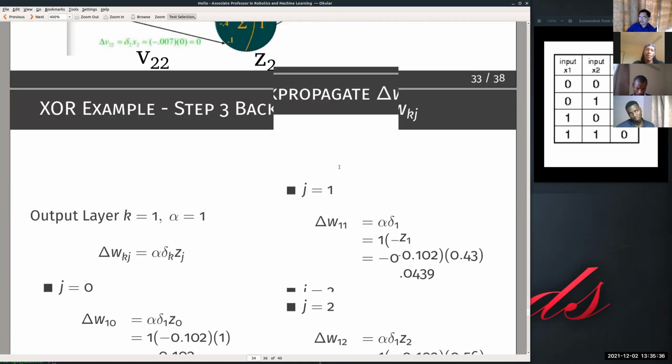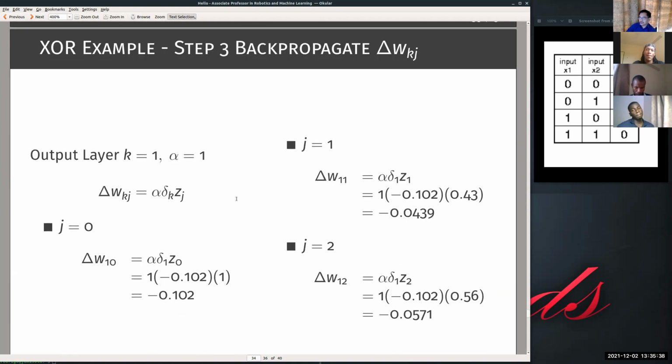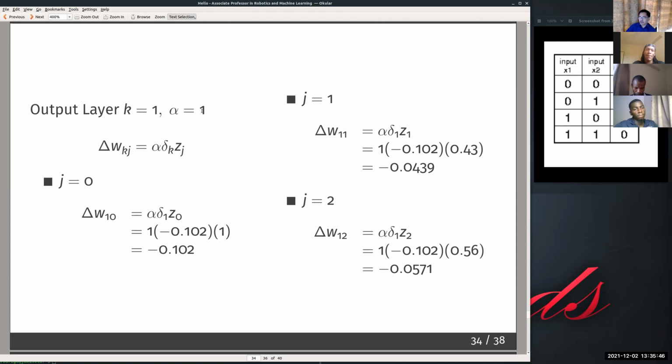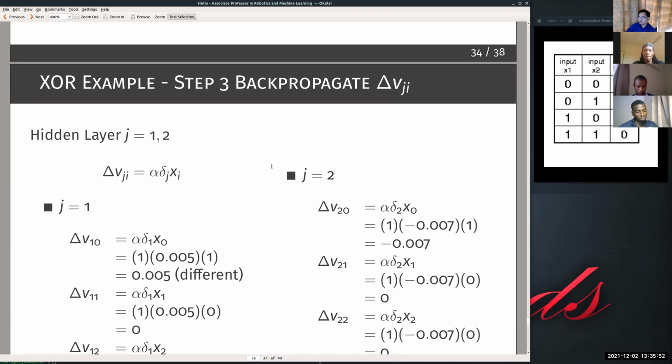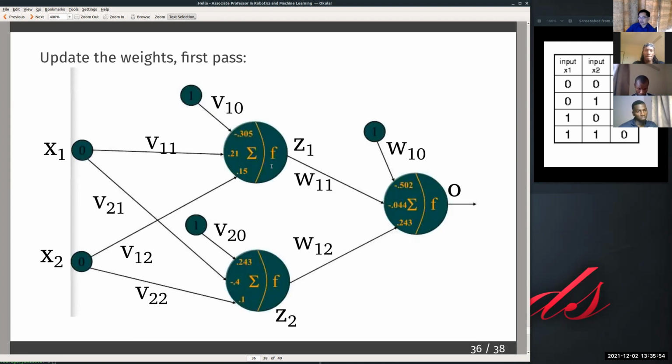So now, when you update your W's, the W's of the output layer, your k is equal to 1, and assume alpha is equal to 1, and this delta WK is used here. Okay, this is not very efficient.